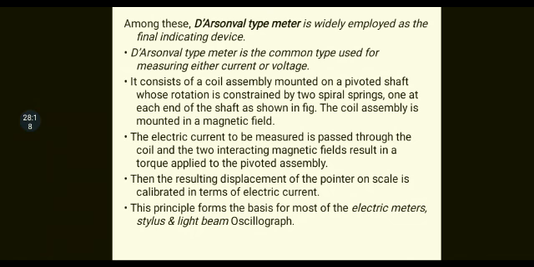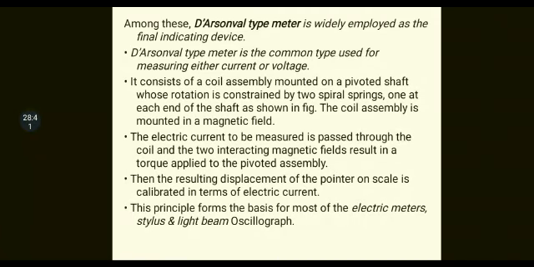Then the entire coil assembly is placed in a magnetic field, in the sense that it is mounted between a north and south pole. So it consists of a coil assembly, a shaft assembly, springs, and a permanent magnet.